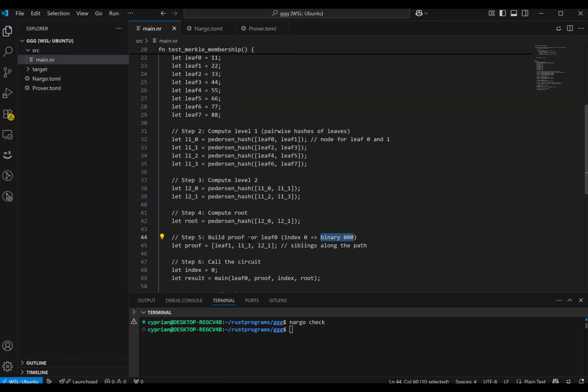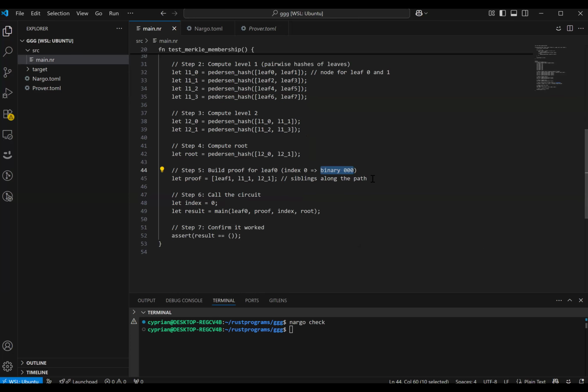So the route you're following to go to the root is F1, then 11_1, then 12_1. Those are the siblings or the path. The word path is okay because root will confuse, since you have two roots: one means the path you're following.